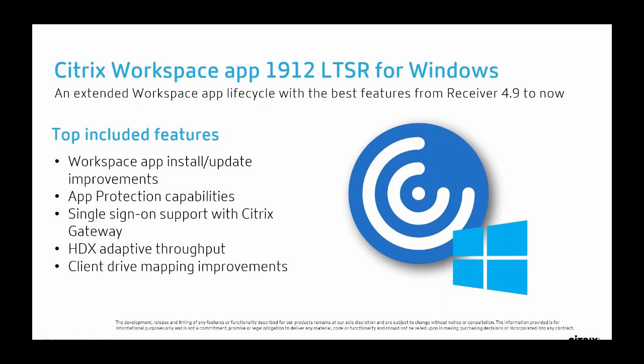We've combined some of the best of those features from 4.9 and included them in this release, so you can see some of those right now. For customers who move to Workspace App LTSR for predictability and ease of maintenance, this release and client is a great option for customers looking at virtual app and desktop LTSR. And then next slide.